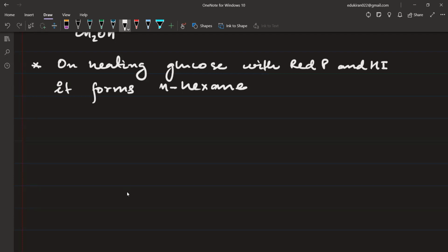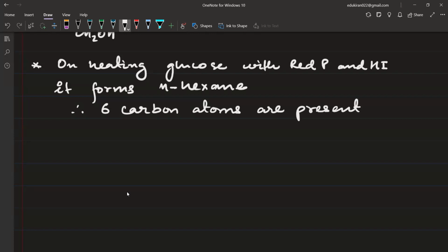What does it form? It forms N-hexane. N-hexane means therefore 6 carbon atoms are present in glucose.